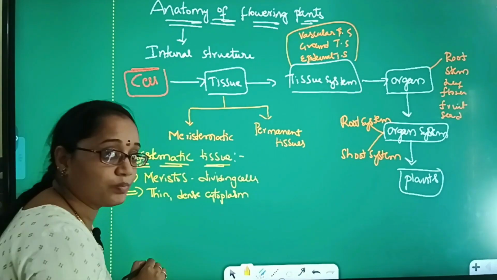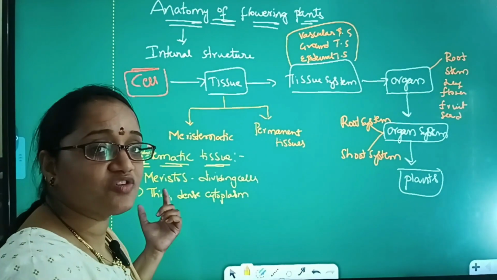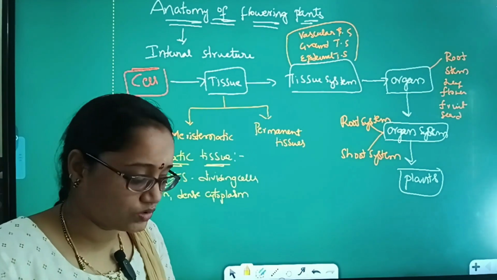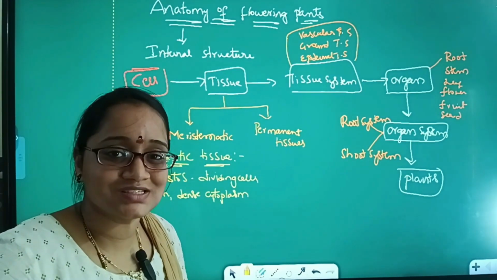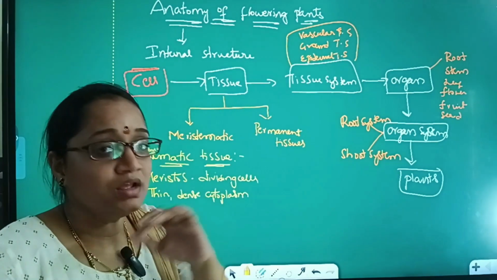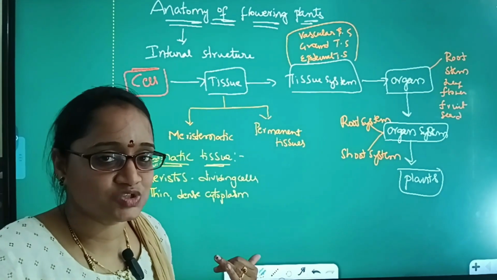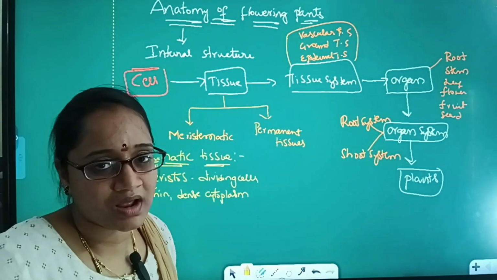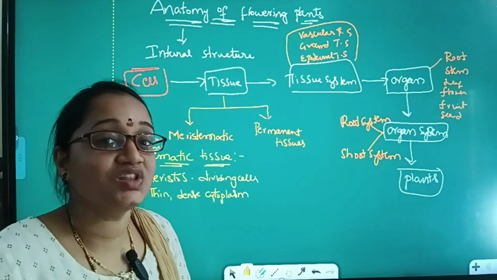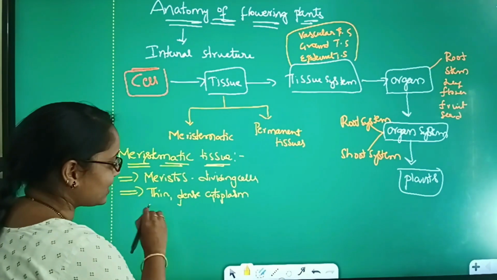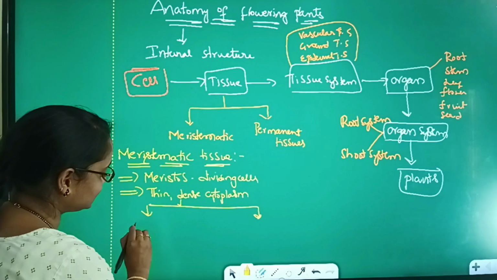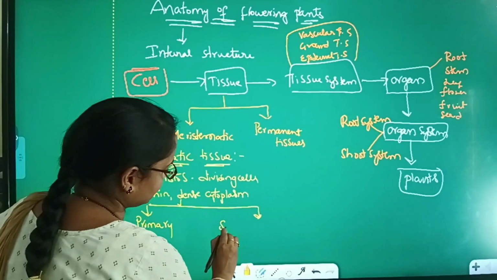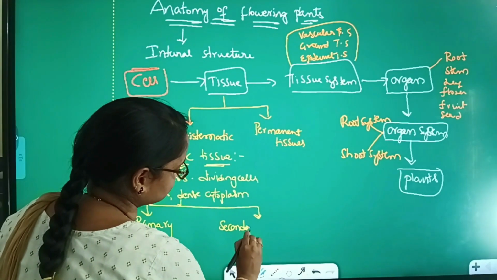Due to the presence of meristematic cells only, cells show growth and repair. Damaged cells are replaced by new cells through meristematic cells only. These meristematic cells are not present in the entire parts of the plant. Based on the location and nature, it is divided into primary meristems and secondary meristems.